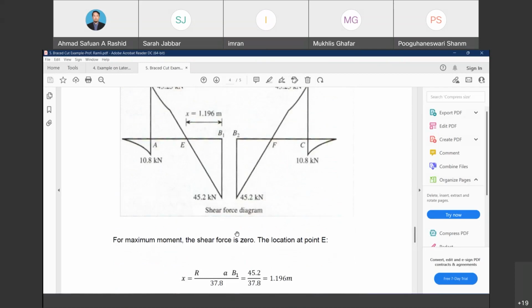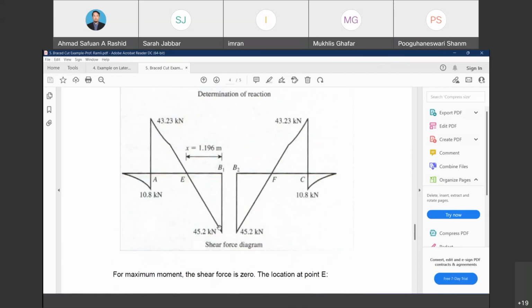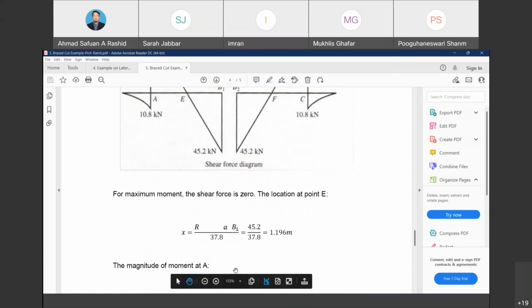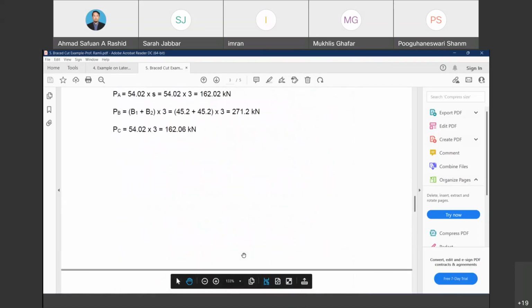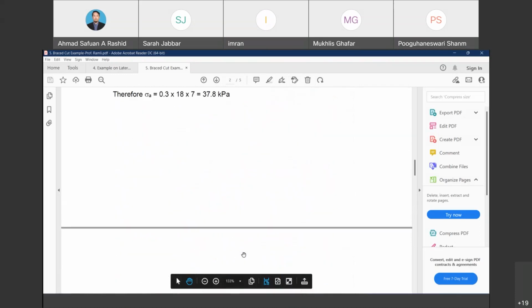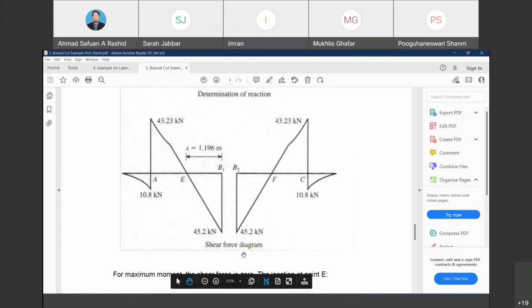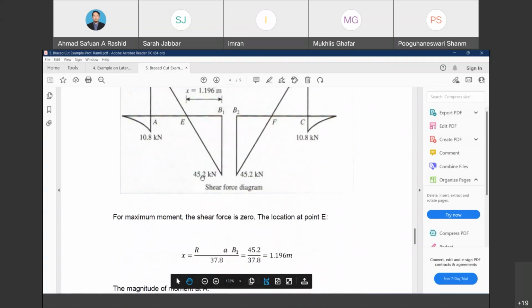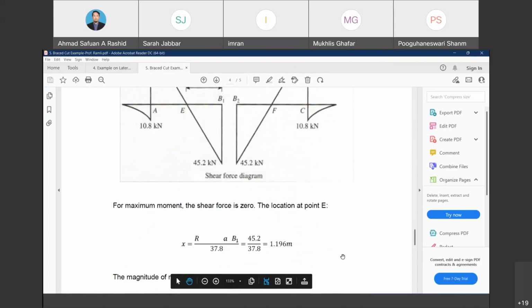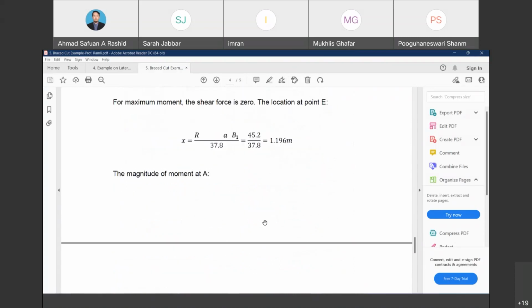I guess because this is not a very linear line, most probably you just divide the maximum value 45.2 by 37.8, which is equal to 1.196. When I use the simple triangle law, I get 1.2 something. So that is for the X.